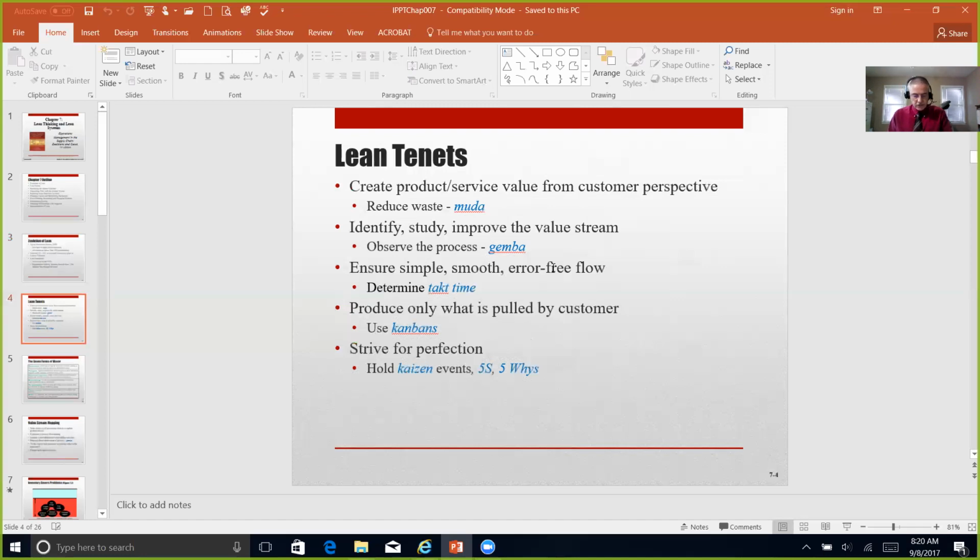And figure 7.1 on page 138 gives us a great example of someone making a direct observation, or GEMBA, as they do value stream mapping of that manufacturing process.